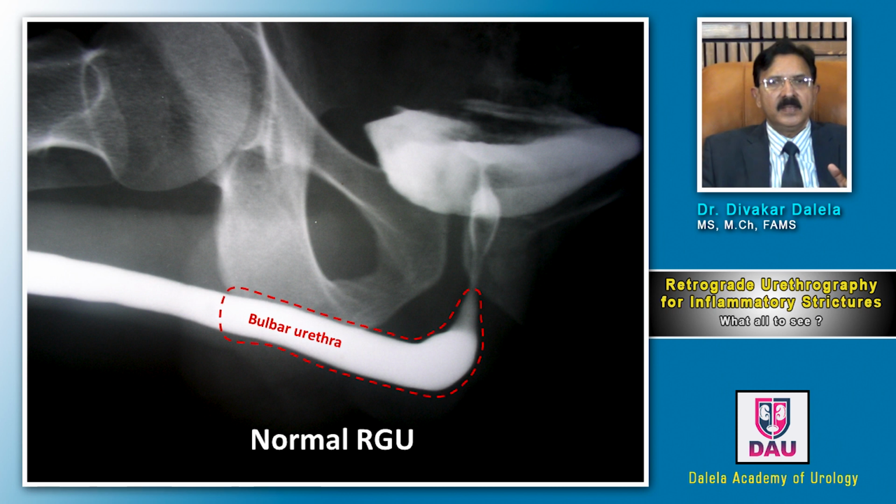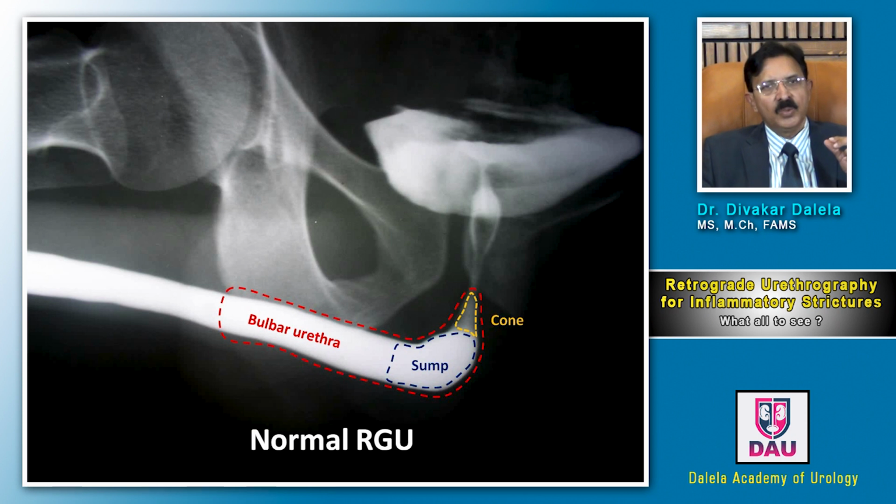When you see this bulbar urethra, the most proximal part of bulbar urethra is called the sump, and when the bulb goes more proximal towards the urogenital diaphragm, it becomes more conical, and this is known as the cone of the bulb. So you should be able to identify these four landmarks in a retrograde urethrogram: pendulous urethra, bulbar urethra, sump of bulbar urethra and cone of bulbar urethra.